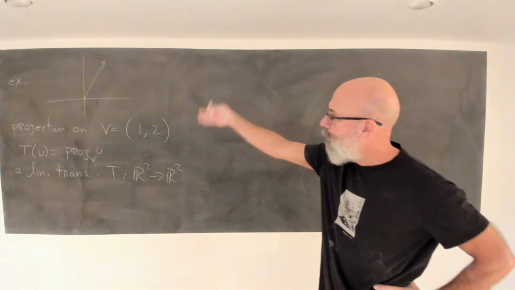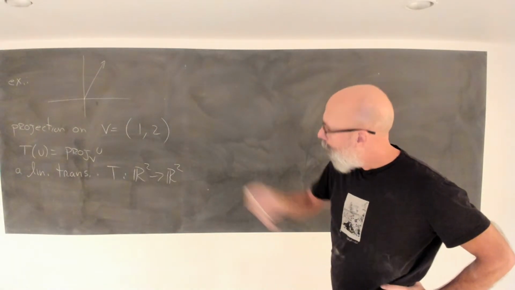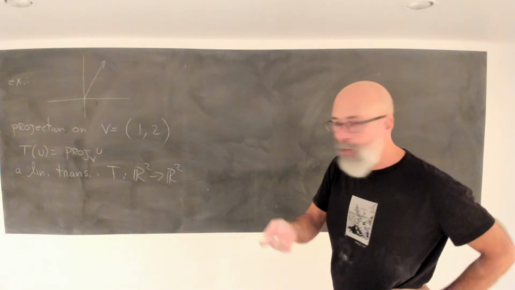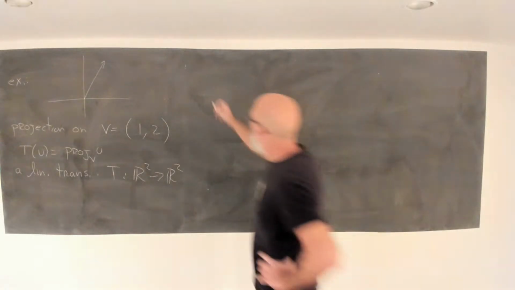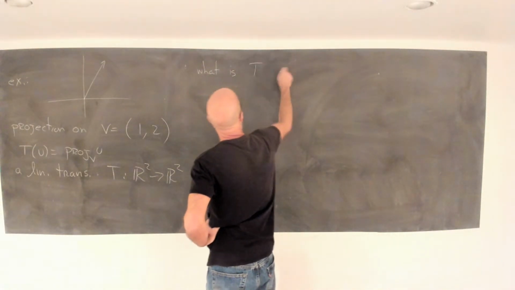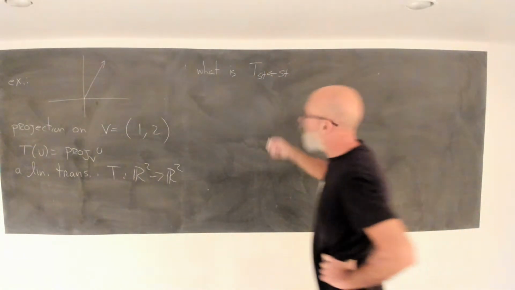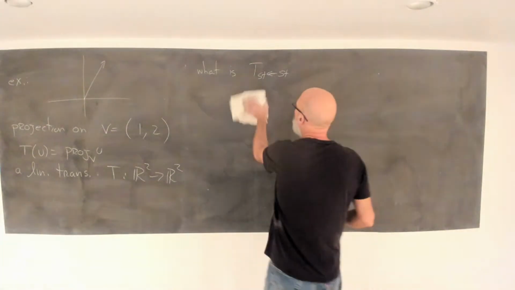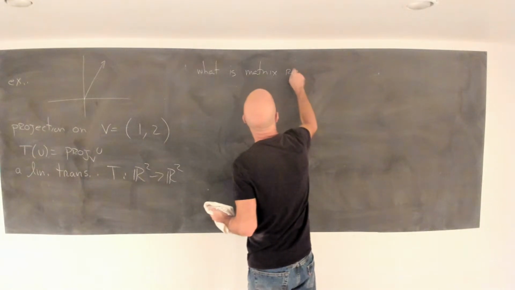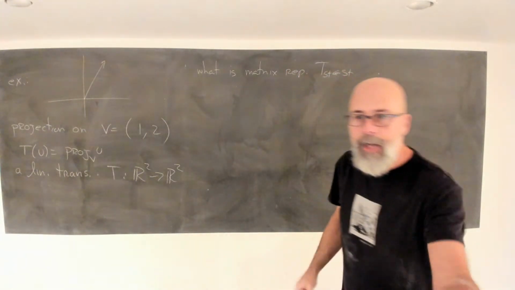Right, so projection of U onto V is a linear transformation. Again, I'm letting you prove that. You can prove that from the definition. My question to you is, what is the matrix representation from standard to standard?